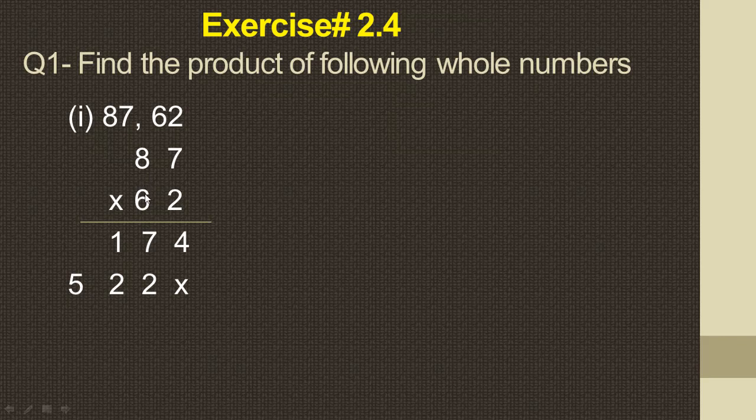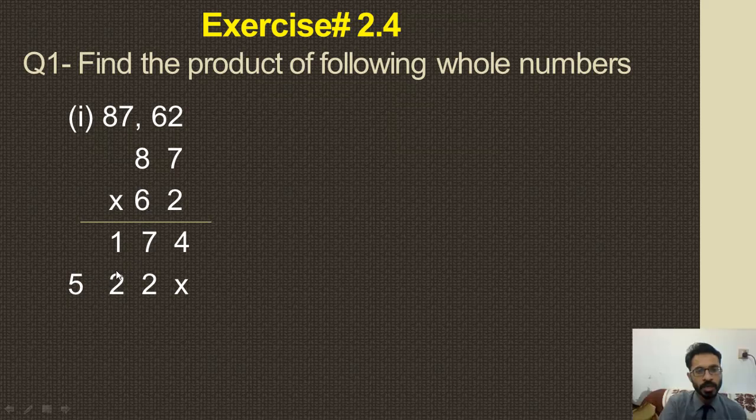In 48, we will add carry 4. 48 plus 4, so it will become 52. We will write 2 under 1 and 5 on the left hand side. So when we multiply 6 with 87, we will get 522.